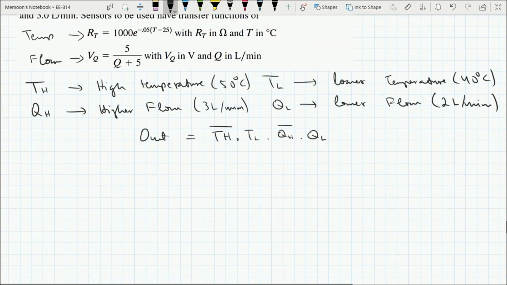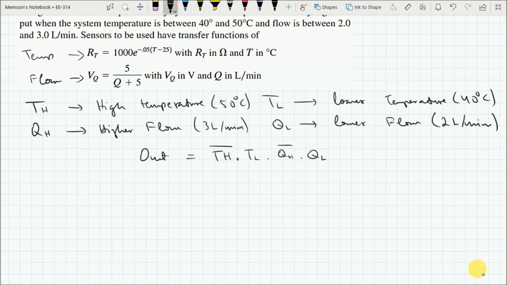Now let's find out the corresponding values of resistances for the given two values of temperature, and the two values of voltages for the given two values of the flow range.